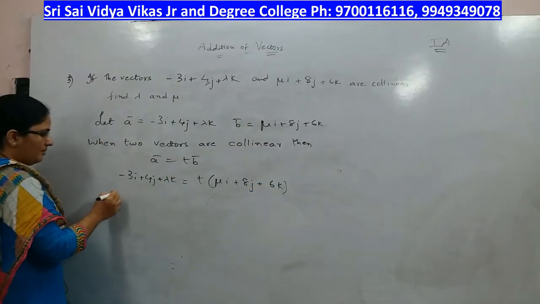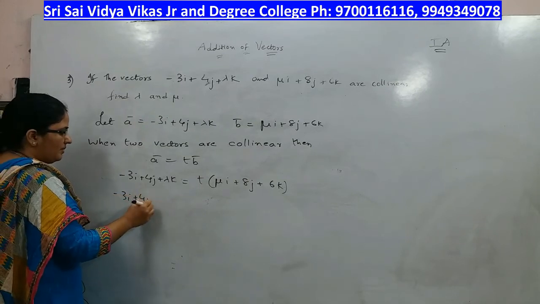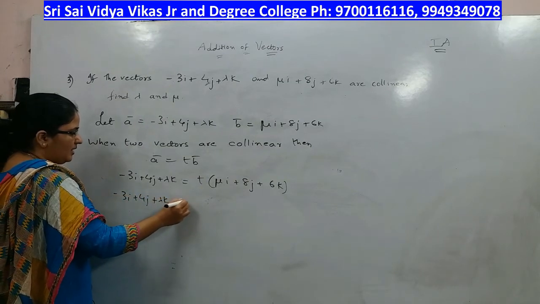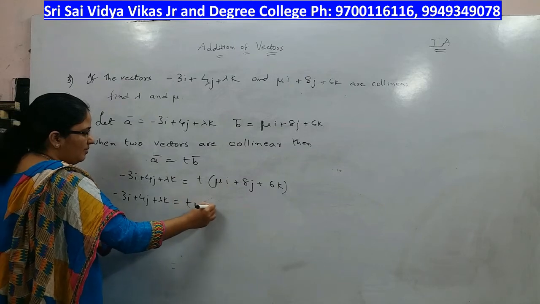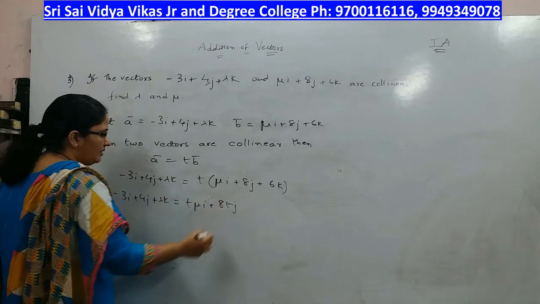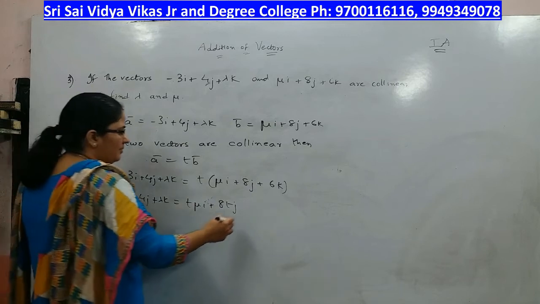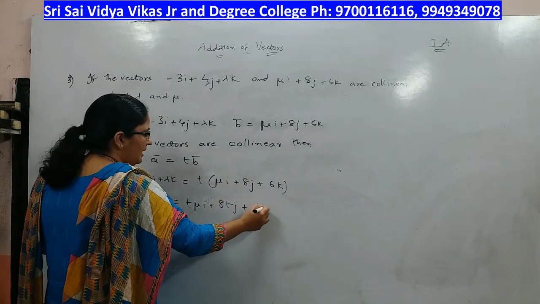Now minus 3i plus 4j plus lambda k is equal to T mu i plus 8T j plus 6T k.